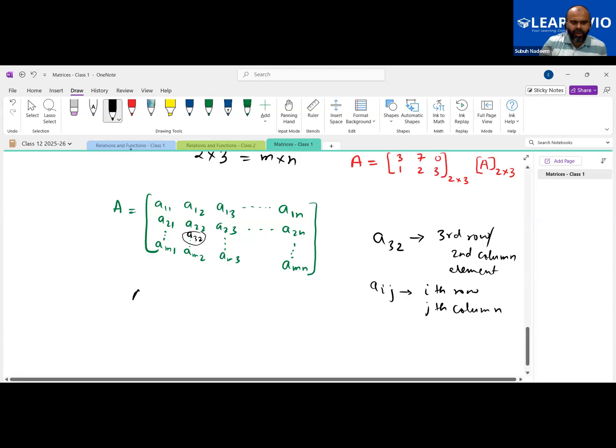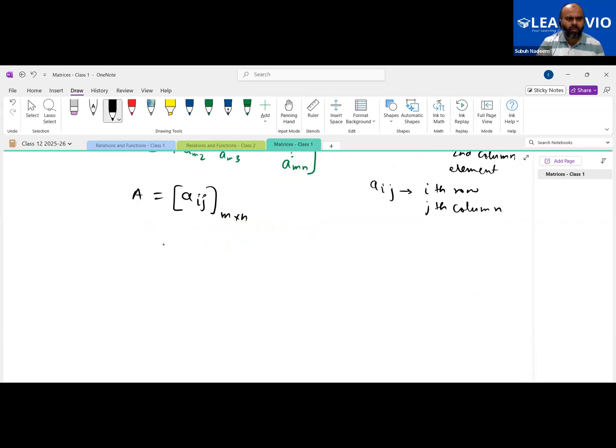And we can also write a matrix like this, that this is a matrix whose elements are Aij, and we can write here m cross n. That means m rows are there and n columns are there. So for example, in the above case, we had how many elements? We had A11, A12, A13, A21, A22, A23.